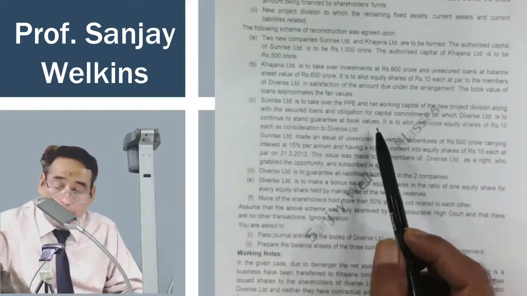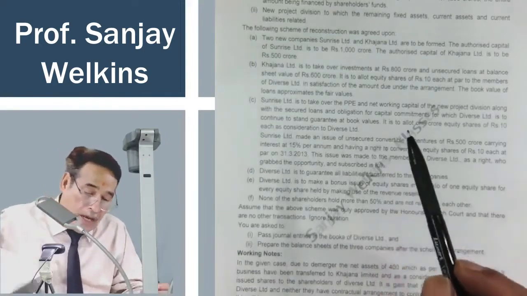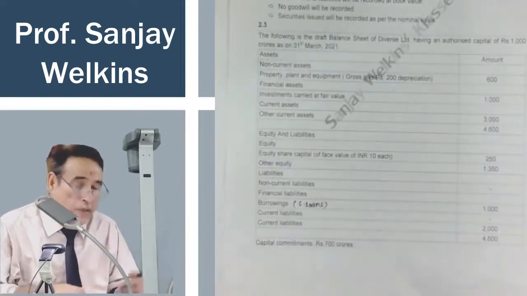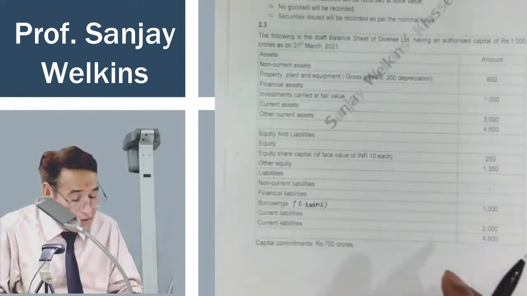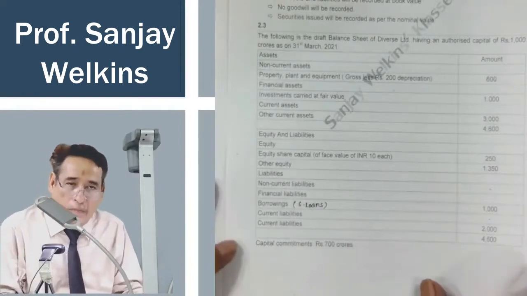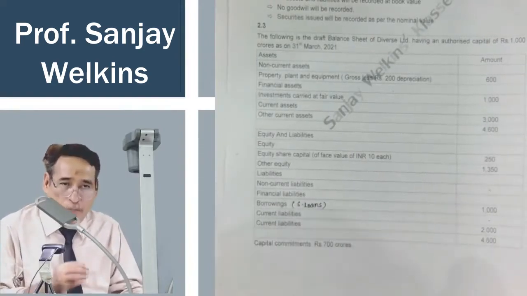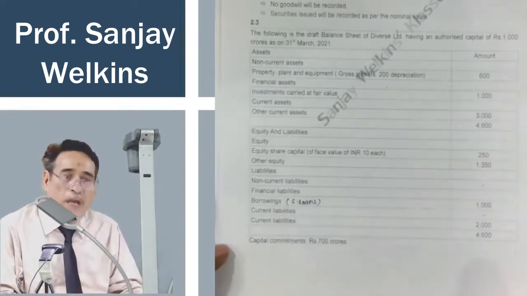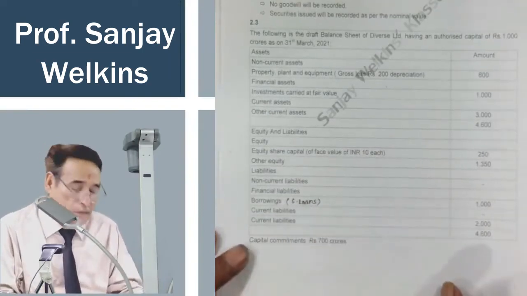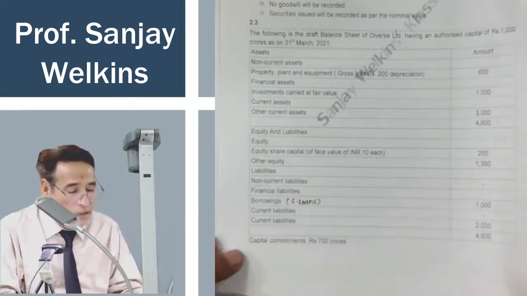If you will look carefully into the question, at the end of the balance sheet in the footnotes, we have been given there are some capital commitments of rupees 700 crore. We know that capital commitments are similar to contingent liabilities, which are presented under the footnotes. So we might have committed with respect to capital commitments. So Diverse Limited is having capital commitments of 700 crore.